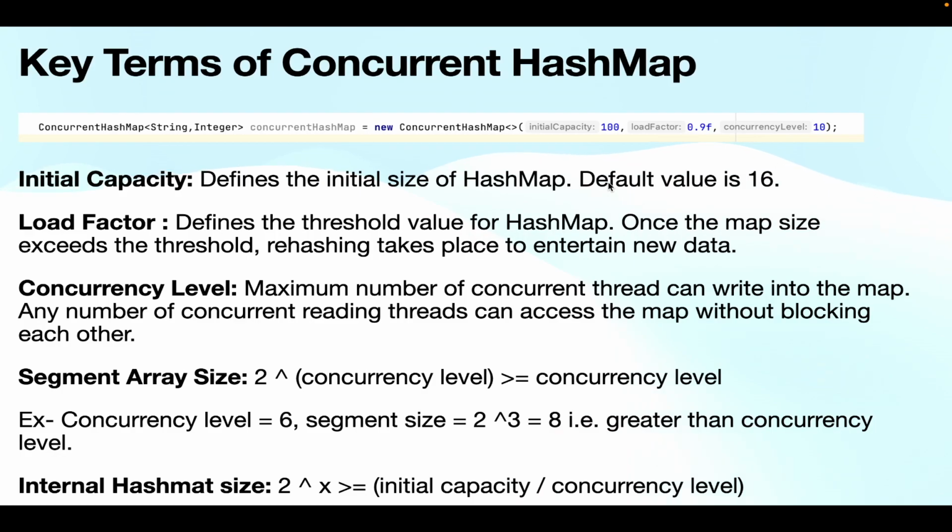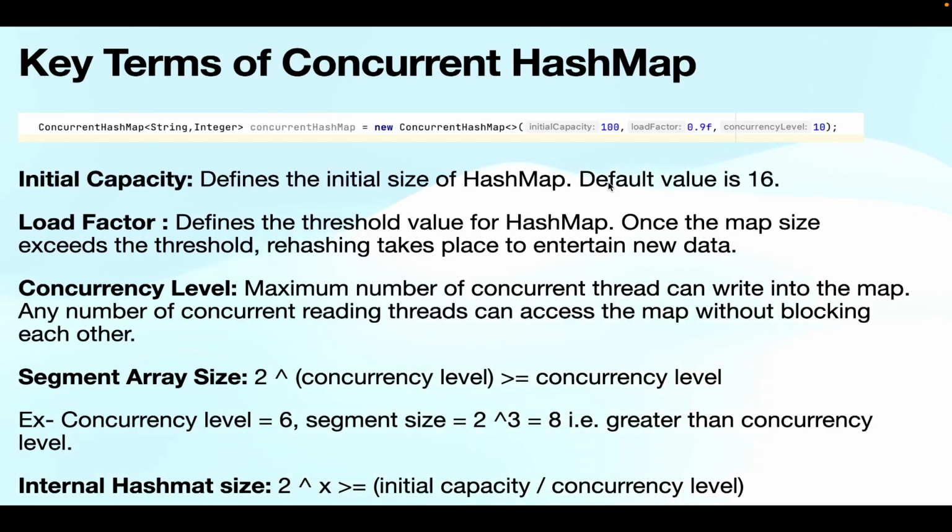So what is initial capacity? Initial capacity defines that the map which we are going to create should be able to hold that much amount of data. Let's say I'm saying that initial capacity should be 100. It means that whenever we create the map, that map can at most have 100 entries.